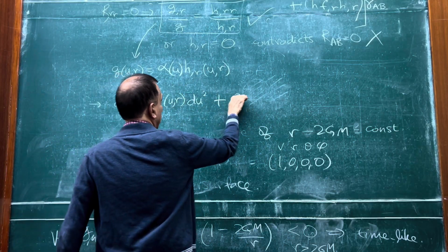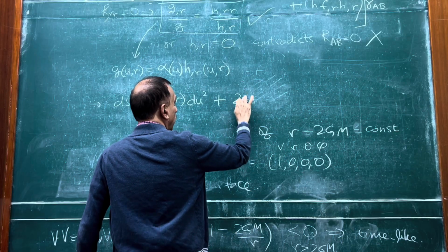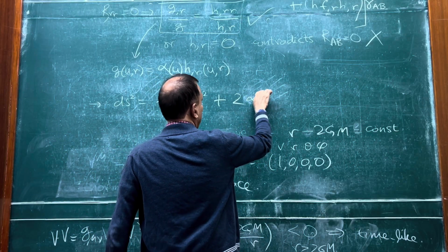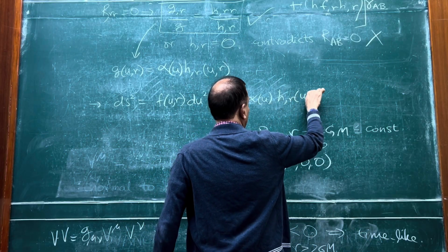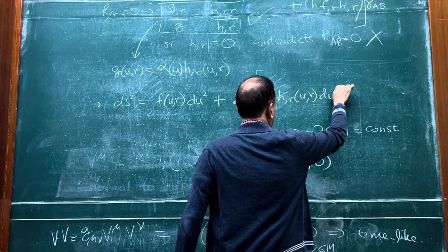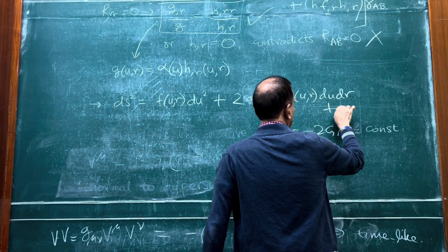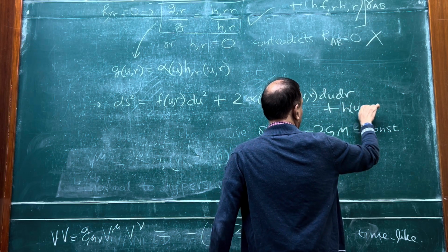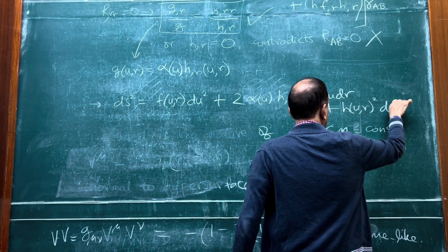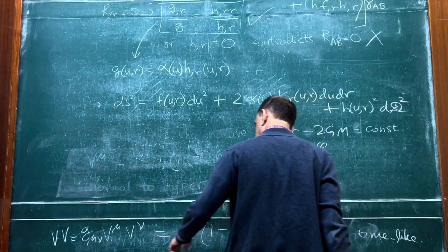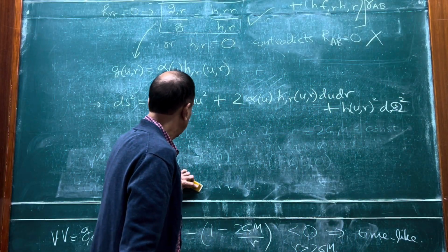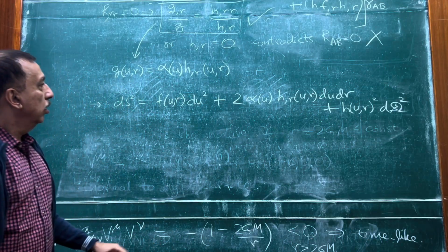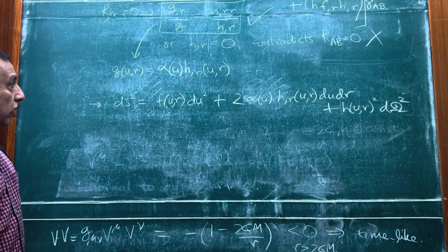But G I have made progress, so it is 2 alpha of U, H comma R of U R, du dr, and then there is plus H of U R squared d omega squared. Good. So we got this far.